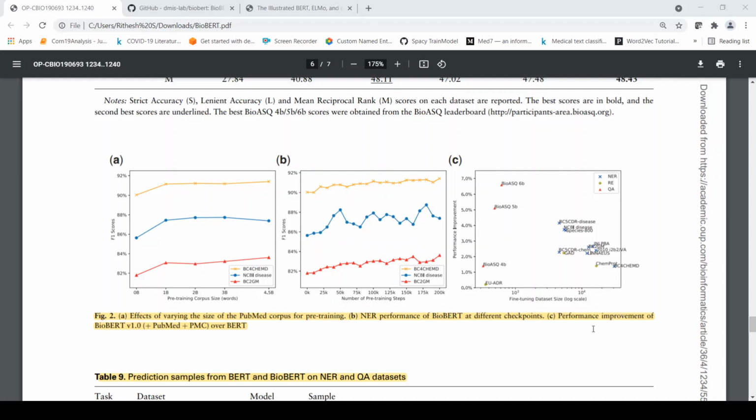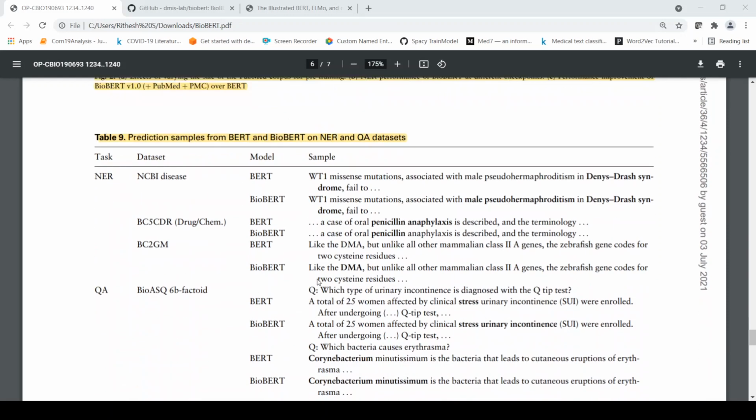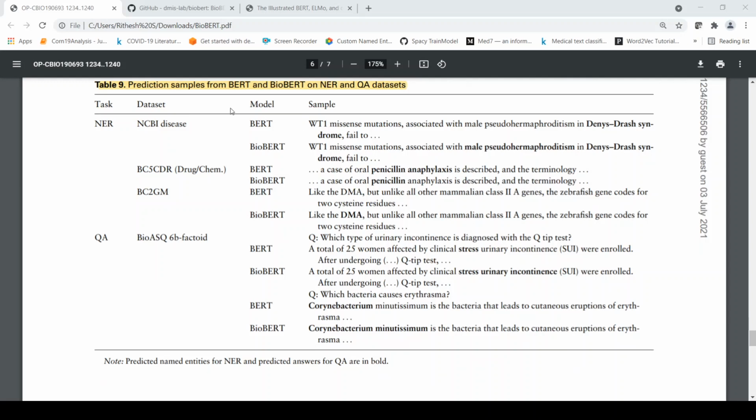So here the third one is the performance improvement of BioBERT over the standard BERT. The performance improvement is basically shown over here. Okay, here are some sample predictions from BERT and BioBERT on NER and QA data sets.